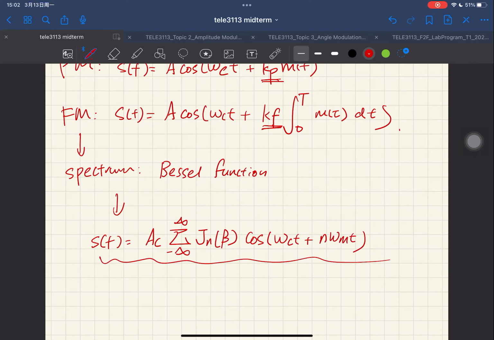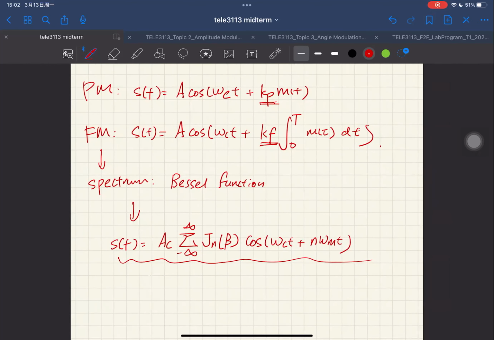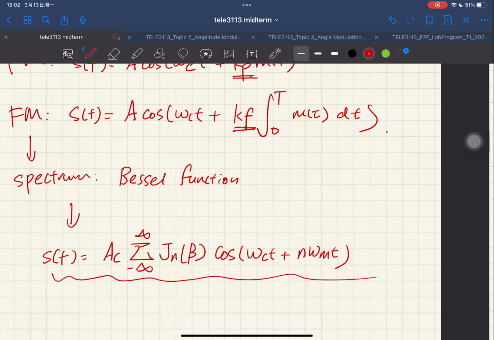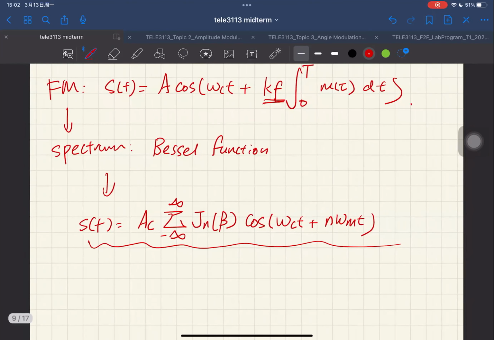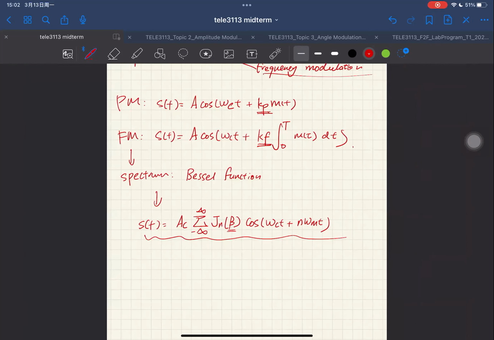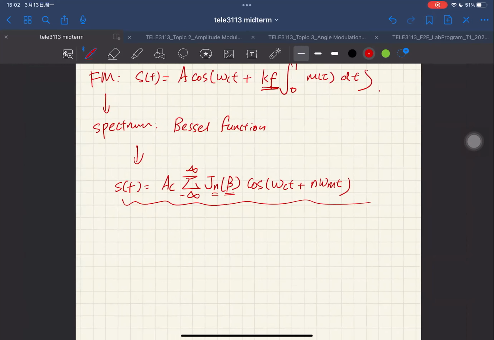This is the expression you look at if the question asks for spectrum analysis, because we have to use the Bessel function. Beta is a fixed number that the question will give you, like 1 or 2, and n is the order.